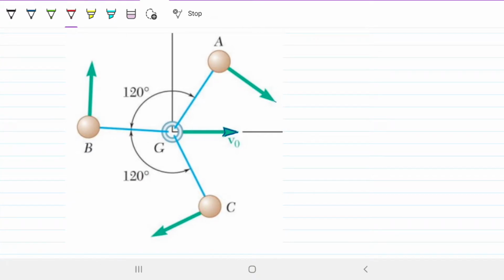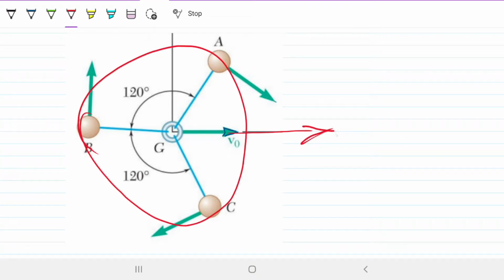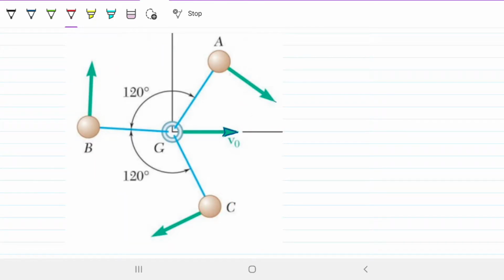Because when we think about linear momentum, the linear momentum of this system is just a combination of the masses of the whole thing going to the right. That's all we have for linear momentum, because the relative velocities about G cancel each other, right? So let's say that the left component of this velocity here is going to cancel out with some of the left component of this one at this instance shown.